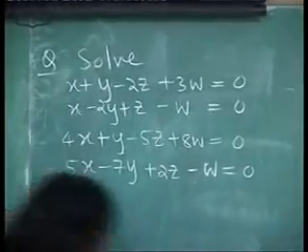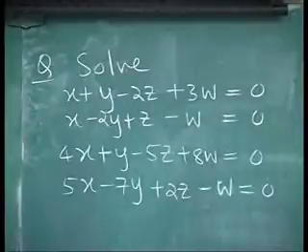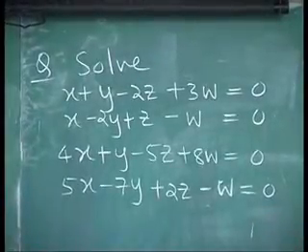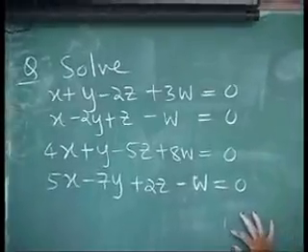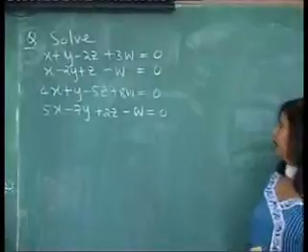Now, this is a homogeneous system. Like we do for a linear system, you can take the augmented matrix, reduce it to the echelon form and proceed in a similar manner.